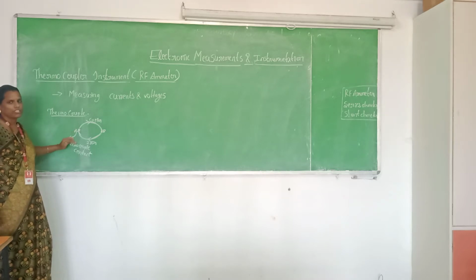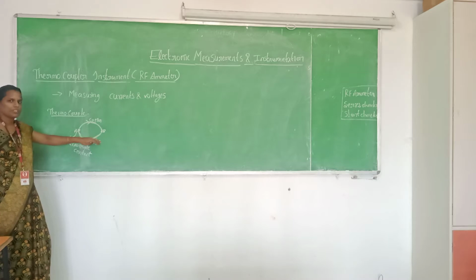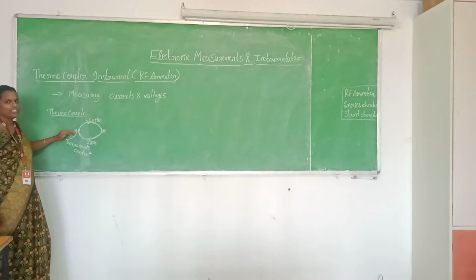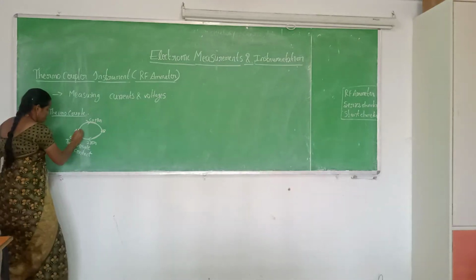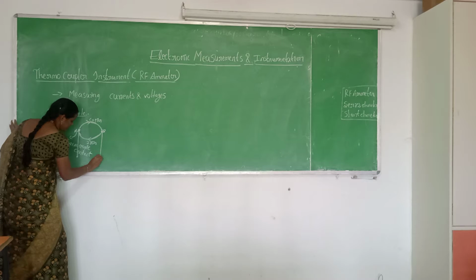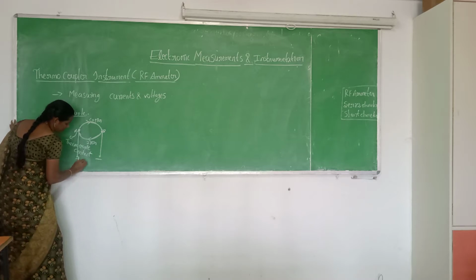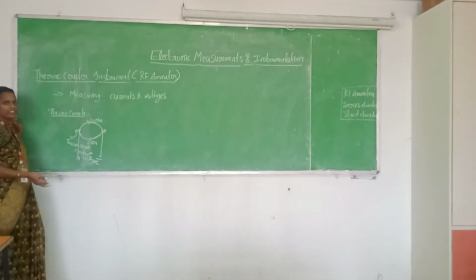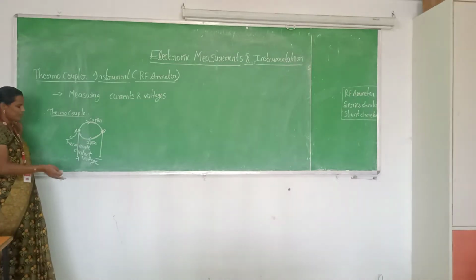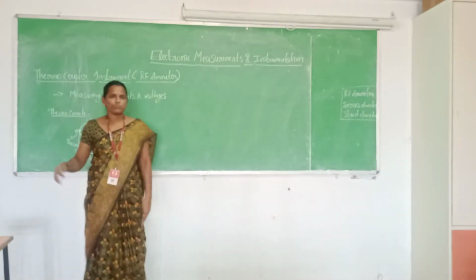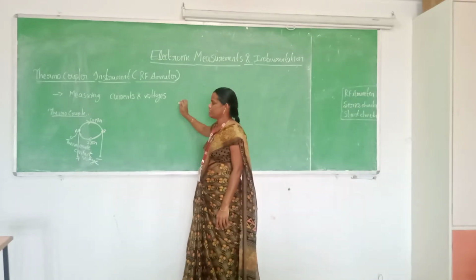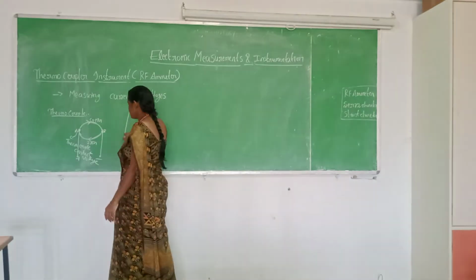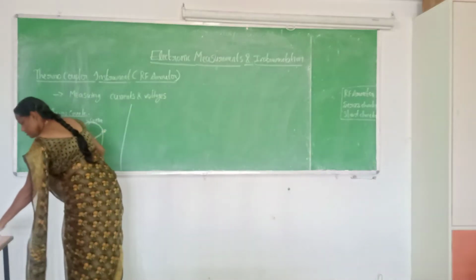If two dissimilar metals are joined together at two points, and if only one junction is heated, then there exists a potential difference between point A and point B. So there exists a DC voltage, and this DC voltage is given to the PMMC instrument in order to measure the AC or DC voltage or current.